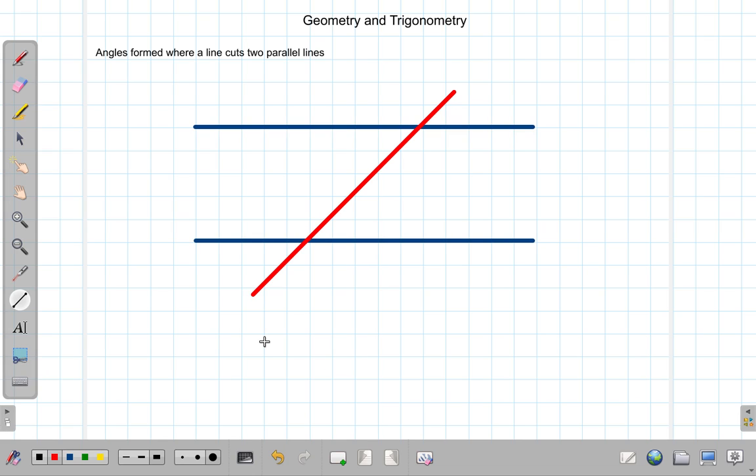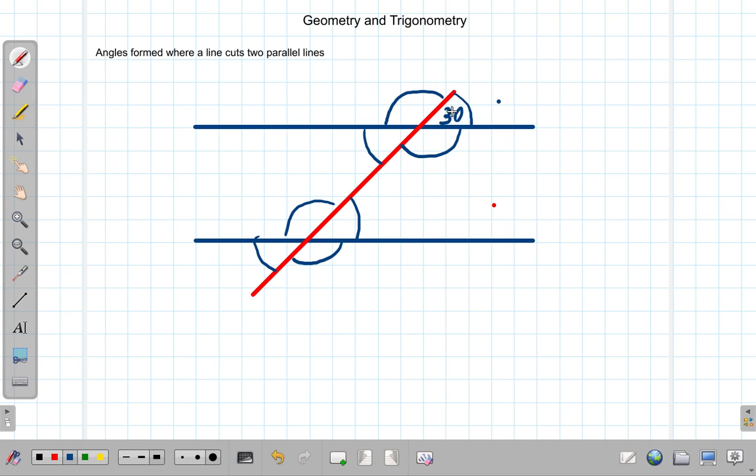Here now, let's imagine that this angle is 30 degrees. We can find this angle, this, this, and this angle. All right.